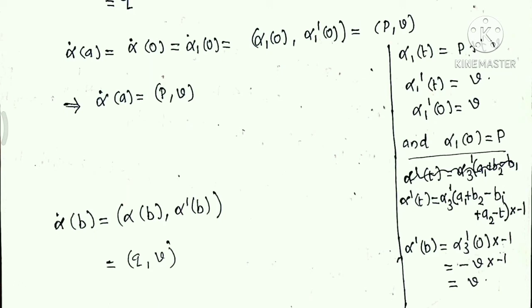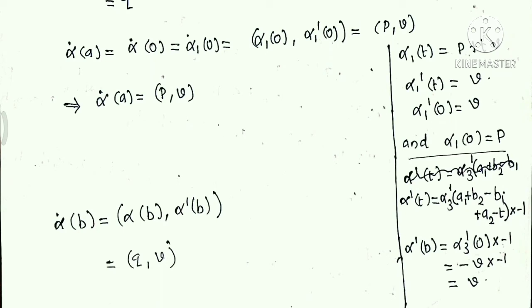To find alpha dash of b, consider alpha dash of t for t belongs to the last interval [a1 + b2 − b1, a1 + a2 + b2 − b1]. In that interval, alpha of t is equal to alpha 3 of (a1 + b2 − b1 + a2 − t).